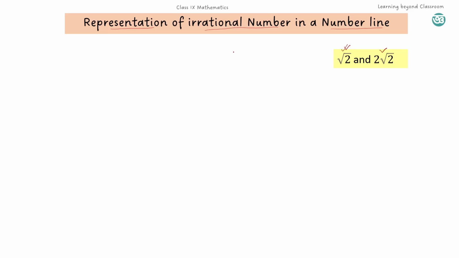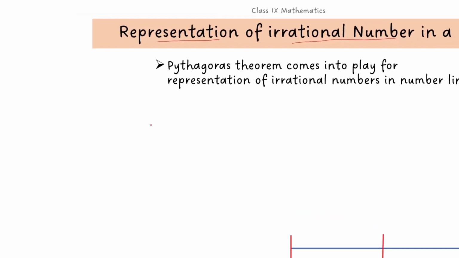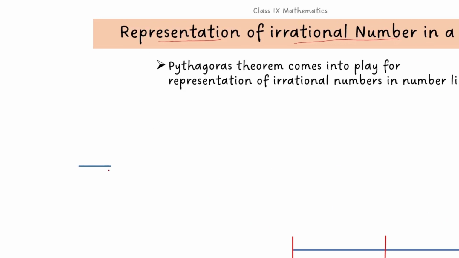Now first we have to draw a normal number line. Say this is the number line for the whole numbers. To do this, we have to use the Pythagoras theorem, and the Pythagoras theorem is for a right angled triangle. Suppose this is the base of a right angled triangle and this is the perpendicular of a right angled triangle, and if we join these 2 points, this is the hypotenuse of the right angled triangle.